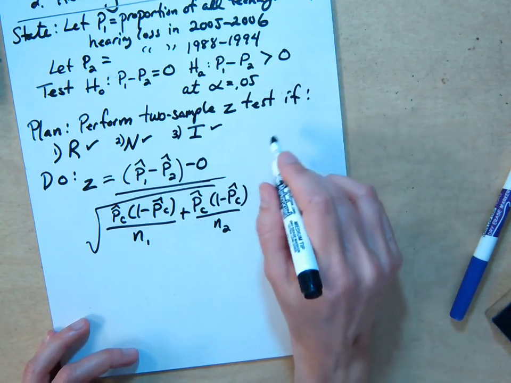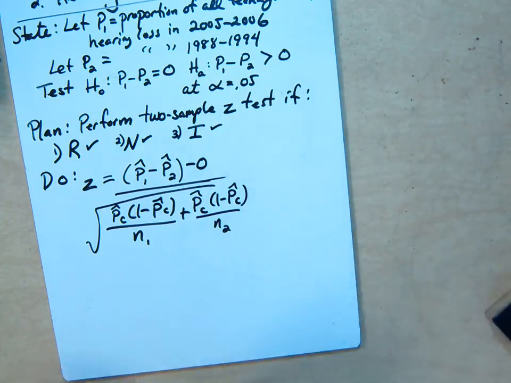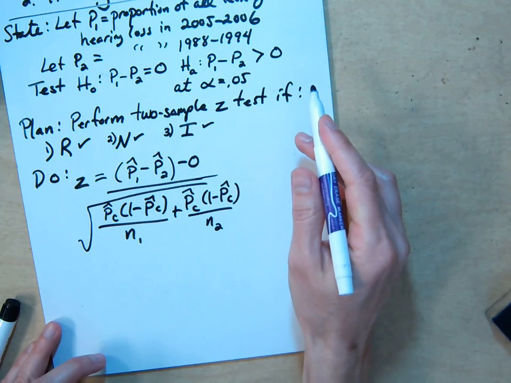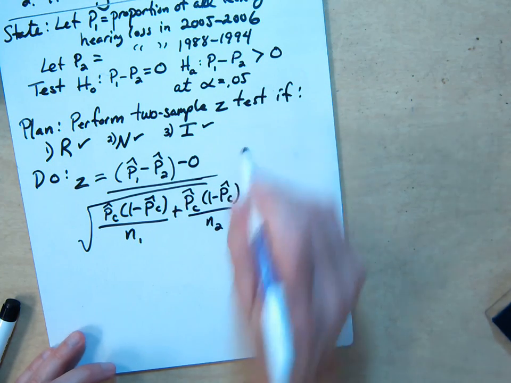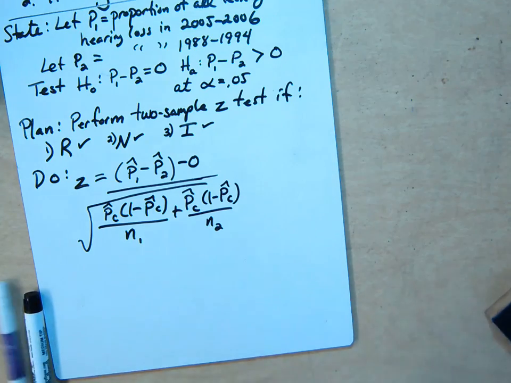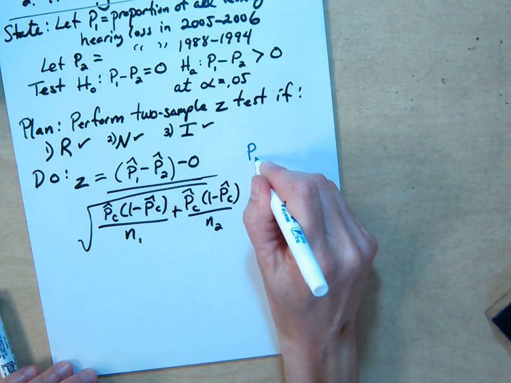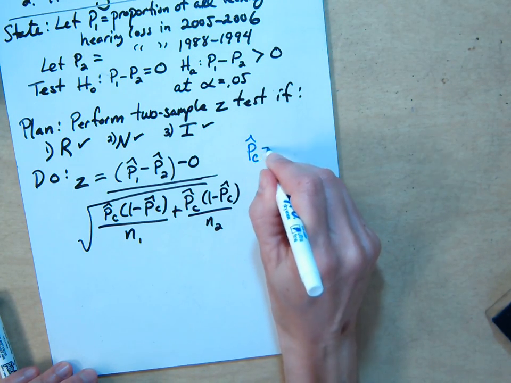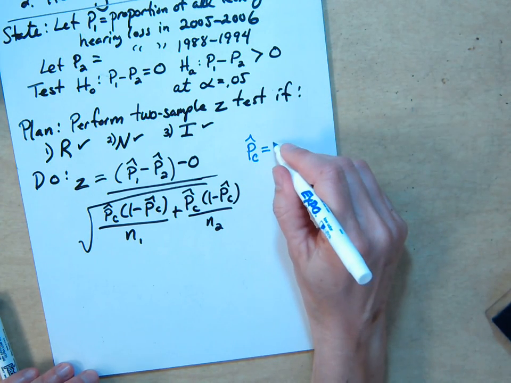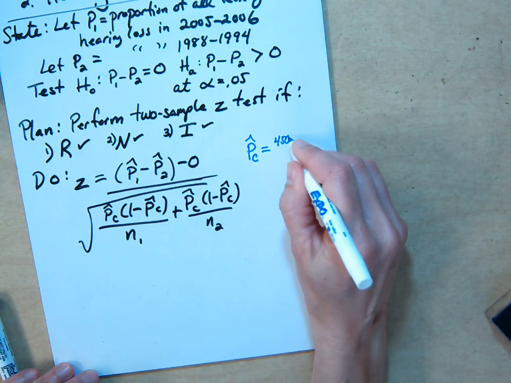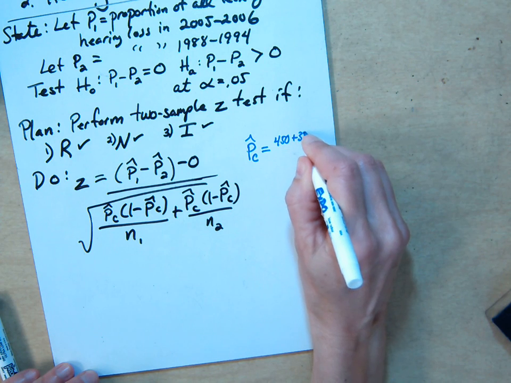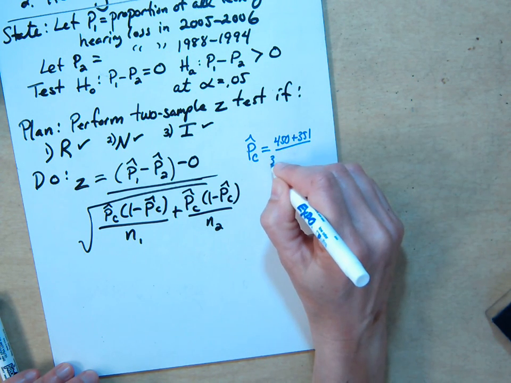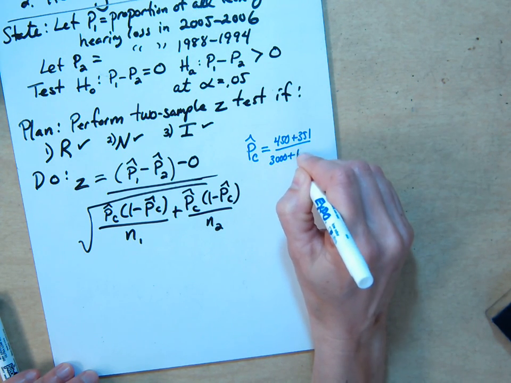So the pooled proportion is this. This is how you find it. It's very, very easy. P sub C hat is, you just take the two samples. So it would be 450 plus 351 over 3,000 plus 1,800.